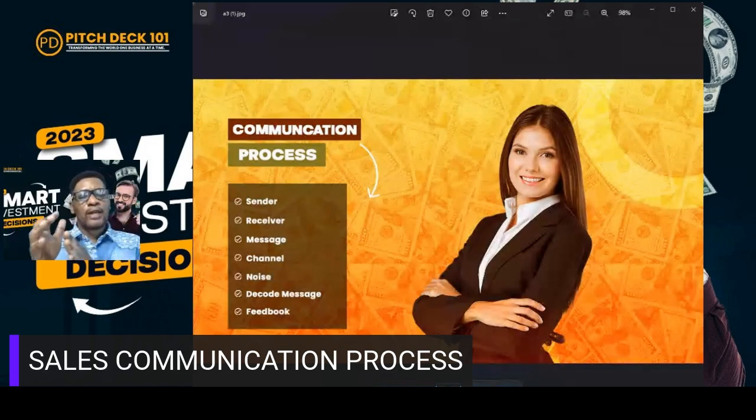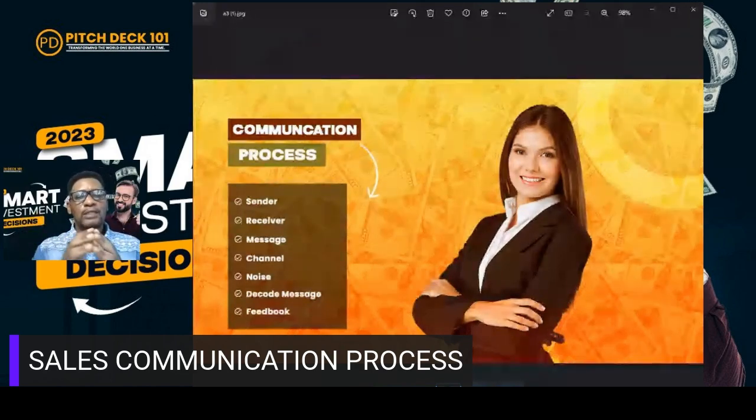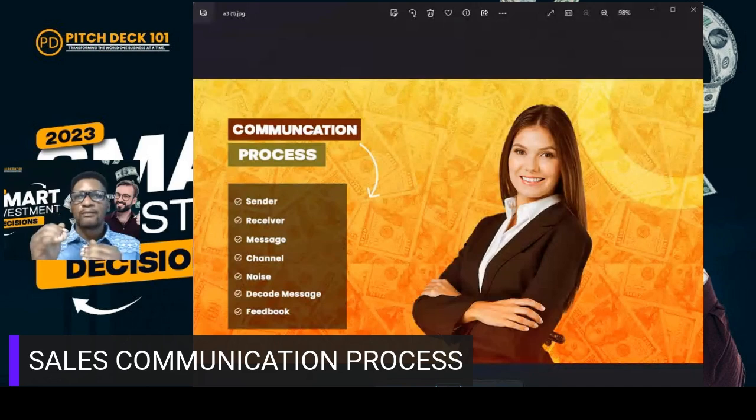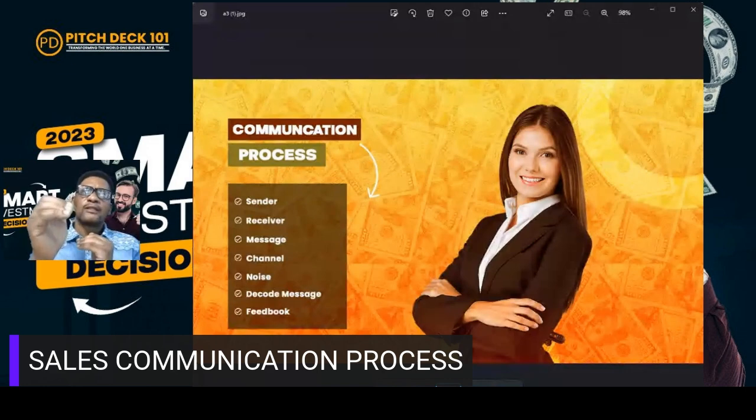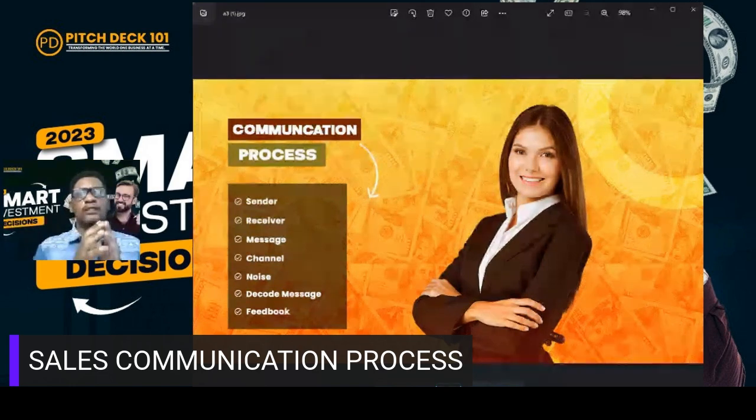Now, let's take a look at the channels. There are multiple channels available to you in the communication process. You have mass media, you have social media, you have the metaverse, you have independent communication channels. Now, it's important for you not just to place your messaging content in these communication channels, because the communication channel has to be relevant to your target market.